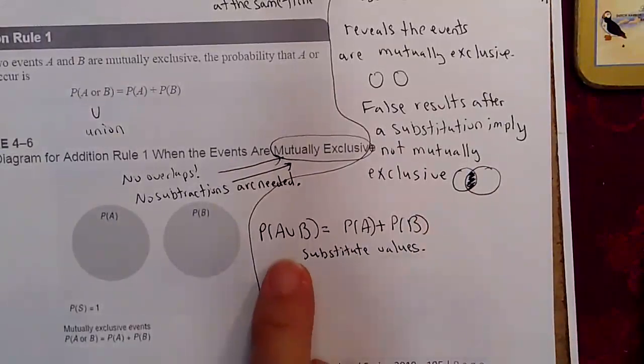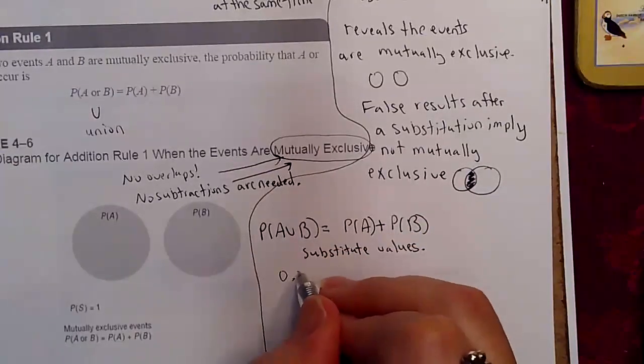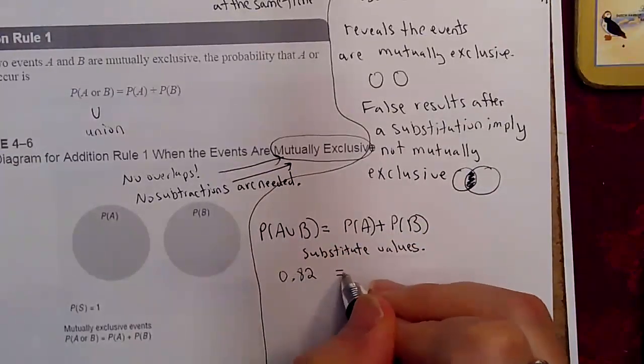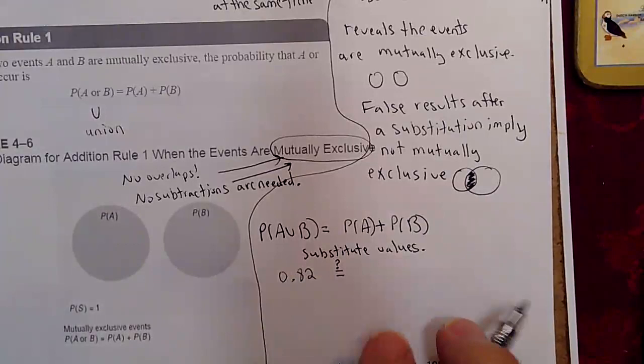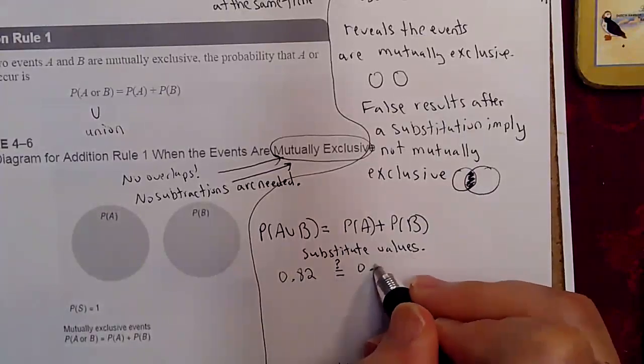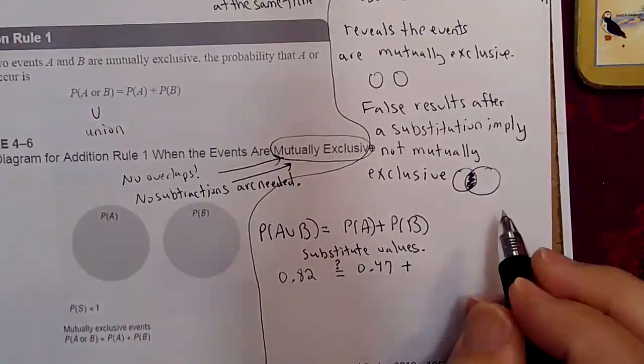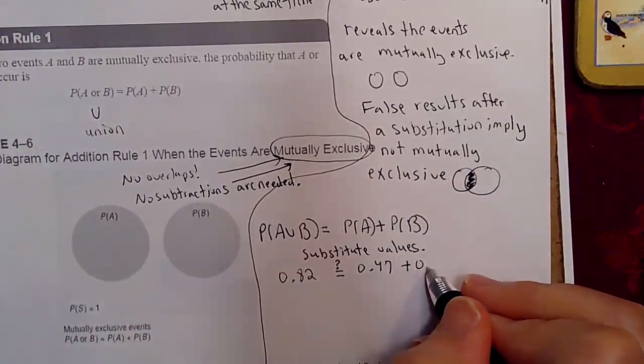Remember they told us that the probability of A union B was 82 hundredths. I'm going to put a question mark over the equal sign. And they told us the probability of A was 47 hundredths, and the probability of B was 35 hundredths.